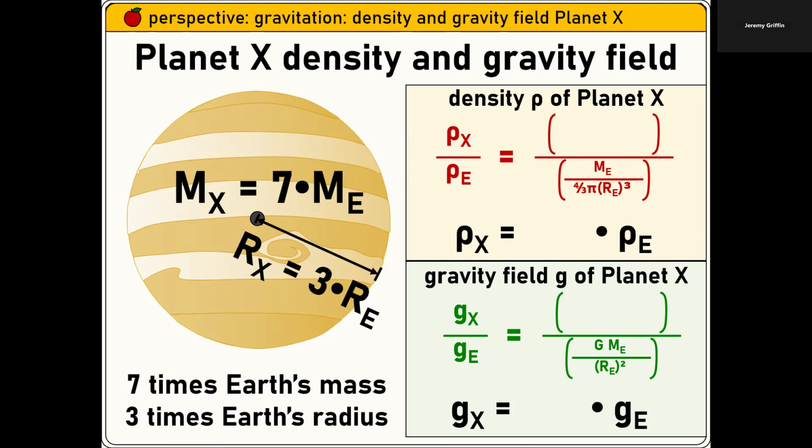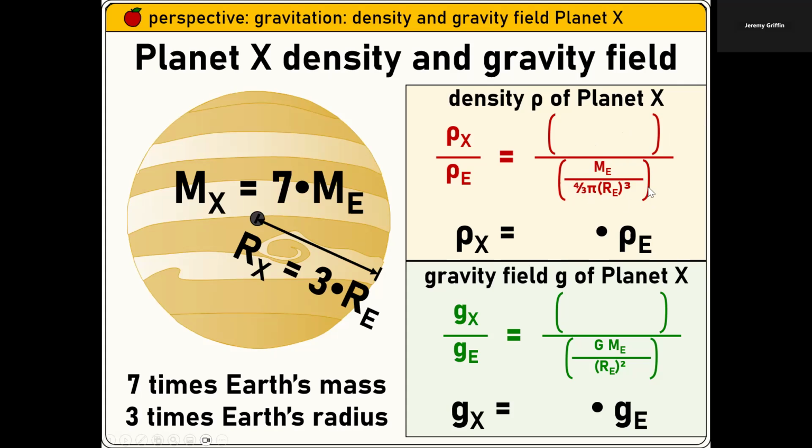And what's the answer to both those questions? What's the density of that planet? What's the gravity field on that planet? 7 times Earth's mass, 3 times Earth's radius. All right, here, I'll walk you guys through it.